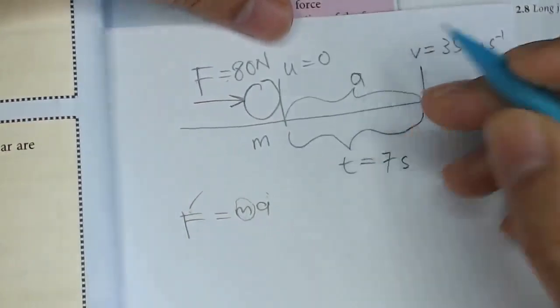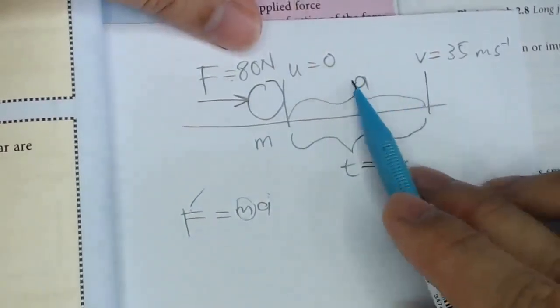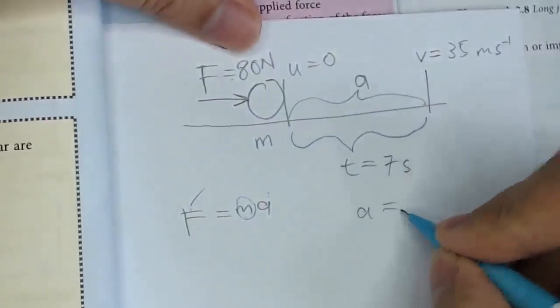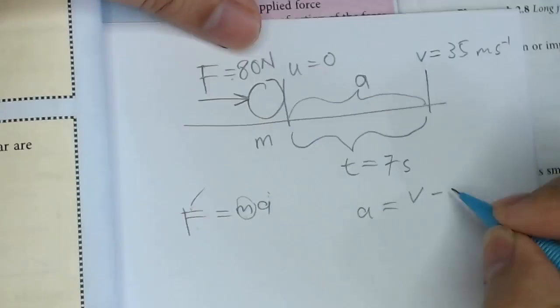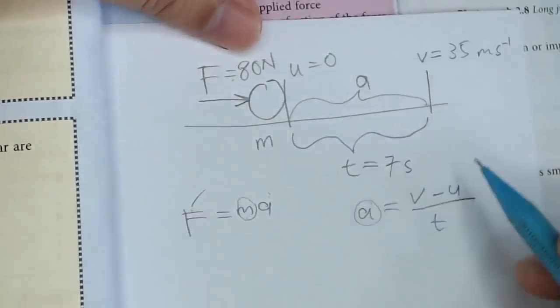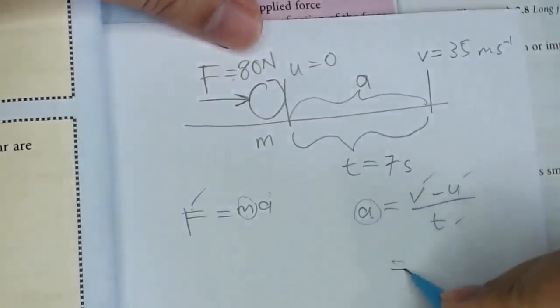Can we find the value of A? How to find the value of A? So we need this equation. Okay, we want to find the value of A. We know V, we know U, we know T. Let's substitute.